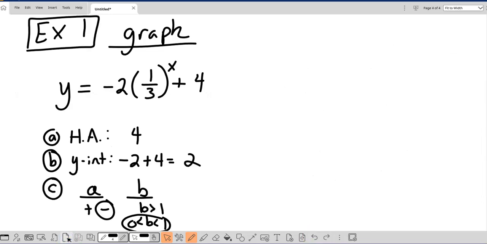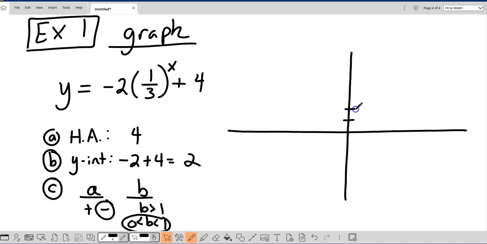So now with all that information, we're ready to graph it. All right. So first, horizontal asymptote, 4. So I'm going to draw a flat line at 4.